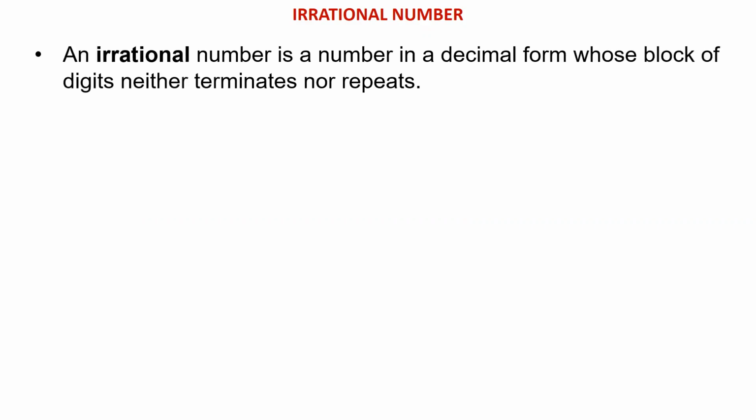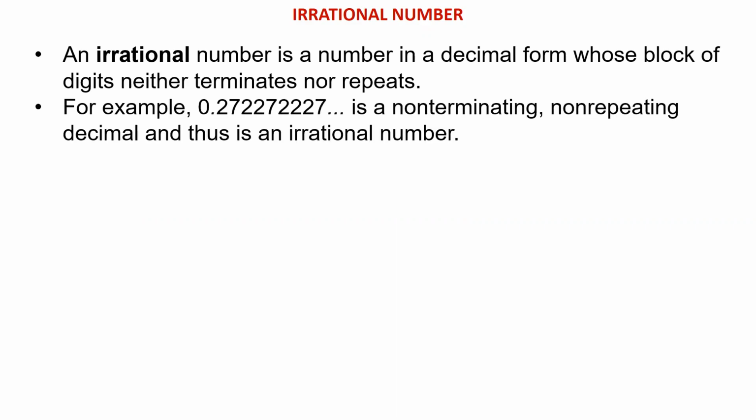A rational number is a number in decimal form. An irrational number is a number in decimal form whose block of digits neither terminates nor repeats. That's the other definition of irrational numbers. For example, when you check the decimal places of this number, they are not repeating and they are not terminating.